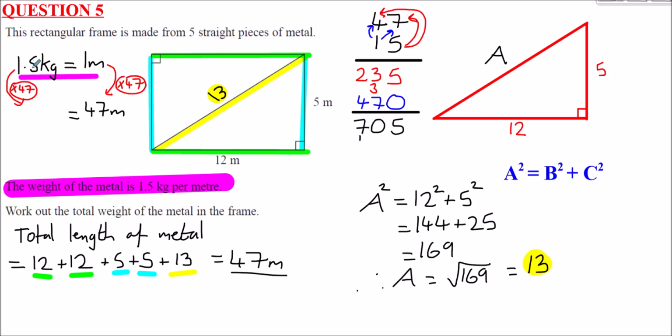Now 1.5 had one number coming after the decimal, so I need one number coming after the decimal in my answer. So it's going to be 70.5. Therefore the total weight of metal in this frame is 70.5 kilograms. And that's the answer, 70.5 kilograms.